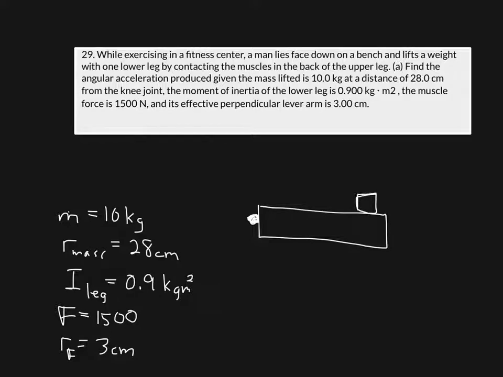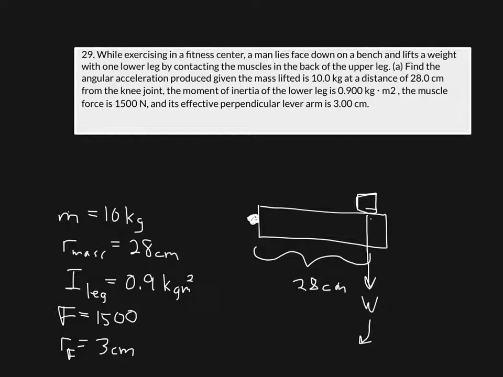There's going to be a force acting on that mass. The weight is pulling me down, and that's going to apply some torque to rotate my leg downwards around this pivot point of the knee. And it's acting to do this all at a distance of 28 centimeters. This is all given in the original problem.